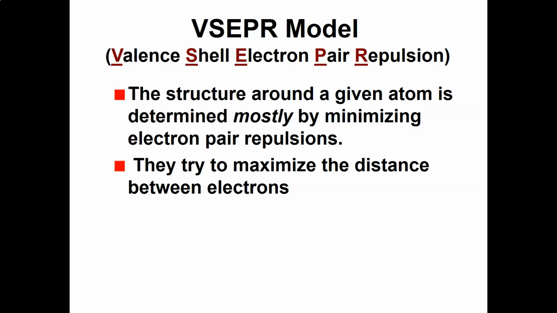The concept here is that for the most part, the molecule is going to take a three-dimensional shape that's going to minimize all of the electron repulsions. Remember that electrons are negatively charged, and you do not want to have a bunch of negatively charged objects squished really close together. So the atoms will spread themselves out so that we end up with as little repulsion happening, as little interaction happening between the electrons as possible.